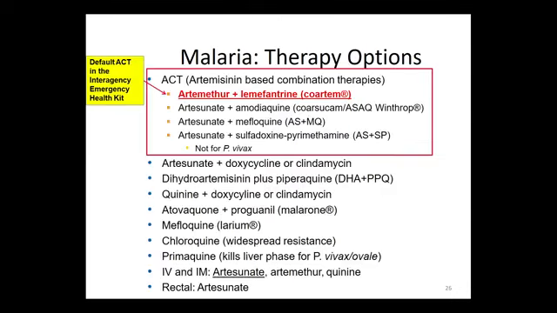Again, malaria therapy options. ACTs, which are artemisinin-based combination therapies, especially used for tropical malaria.